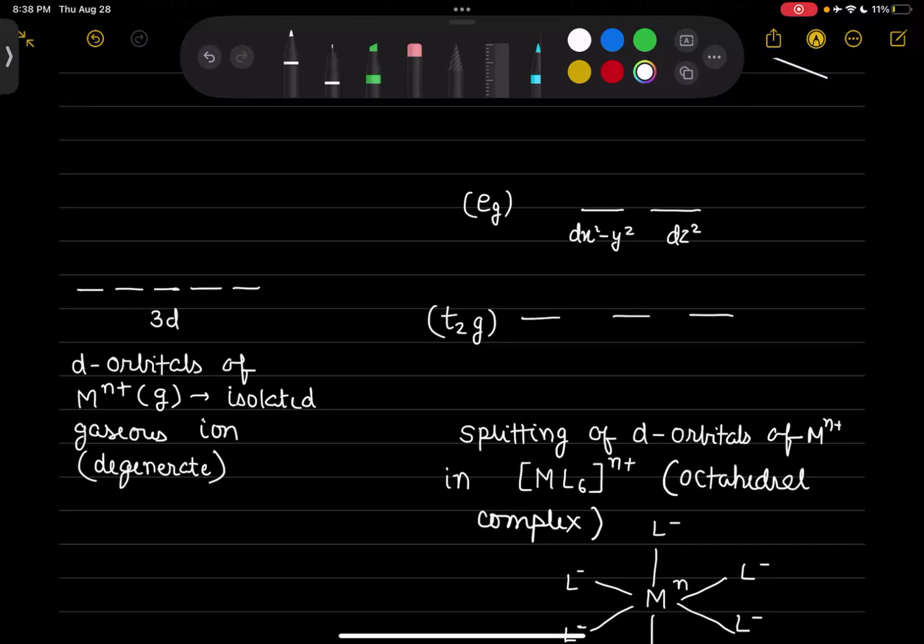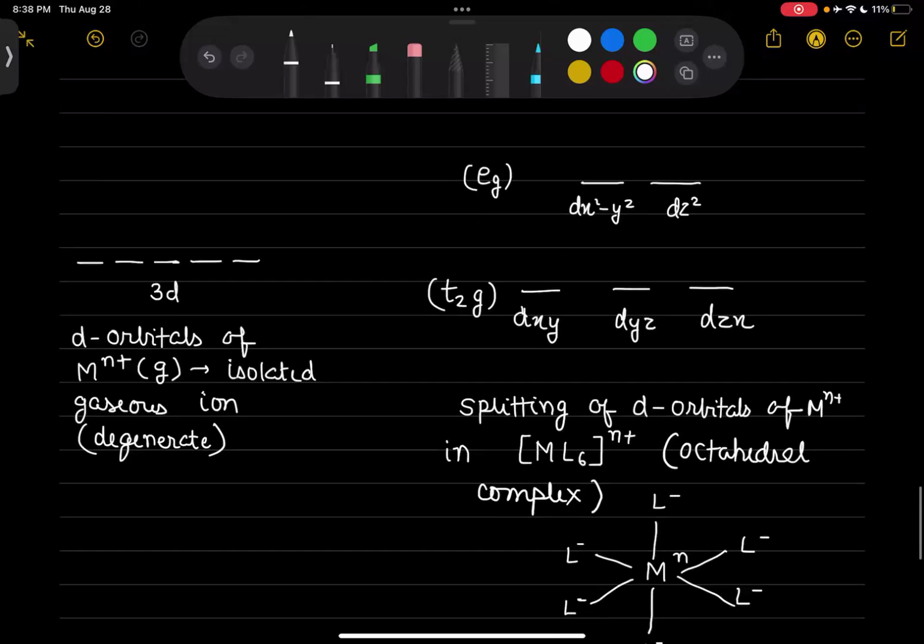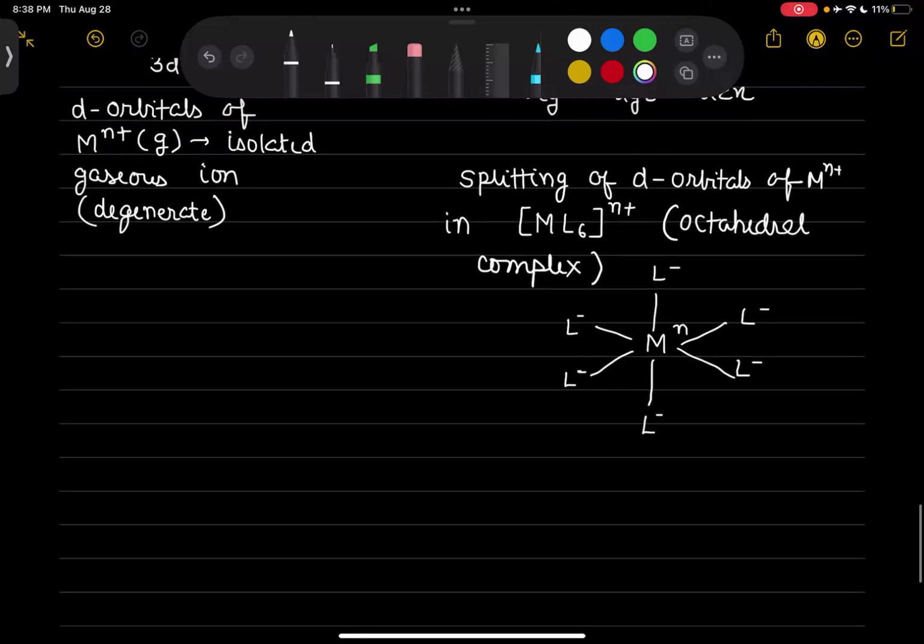And there are 3 d orbitals which are not along the axes, they are in between the axes. For example, dxy is in between the x-axis and y-axis, then dyz, dzx. So these are the 5 d orbitals.